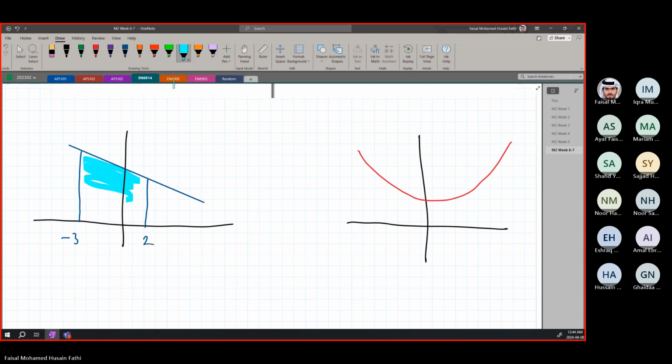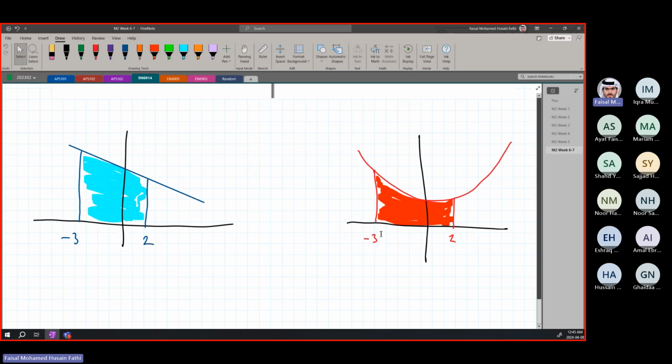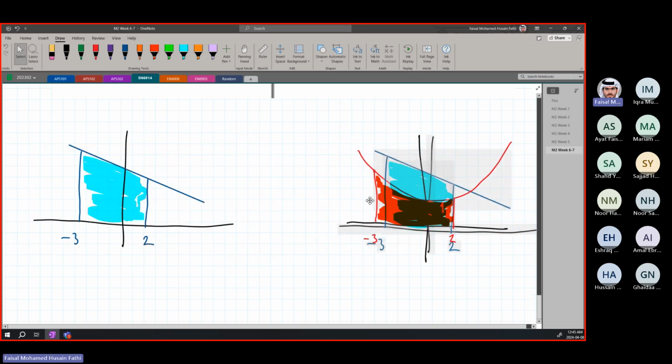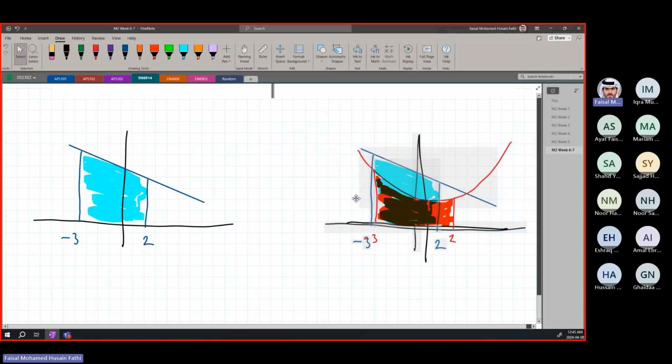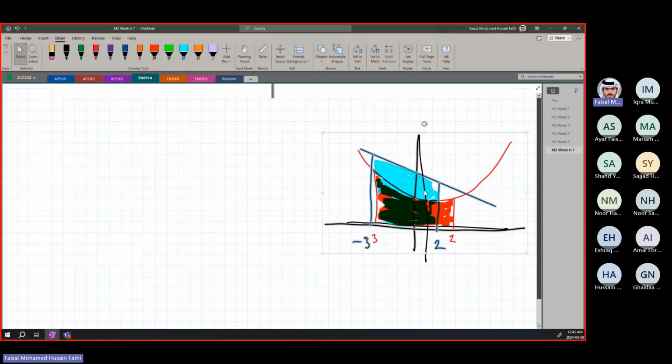Okay? In this case. And here we are going to find from -3 again till 2. If we integrate just this part, we're going to find this entire area over here. So this is what we're going to do if we're just integrating one. But when we are combining these two, you're going to notice there is overlapping. Where is the overlapping? In between both of them. If I let go of this, you're going to notice that the actual shaded area that we want is just the blue part.